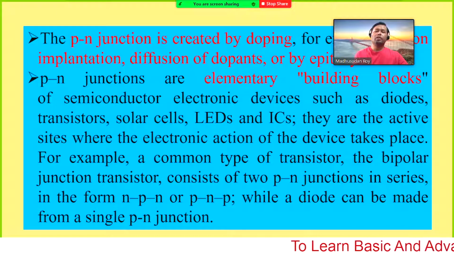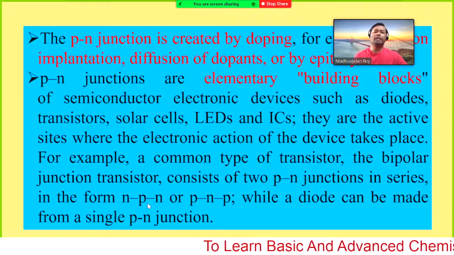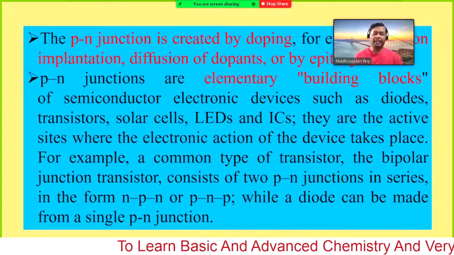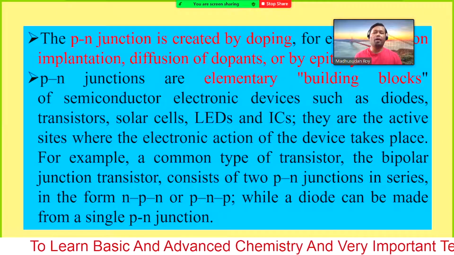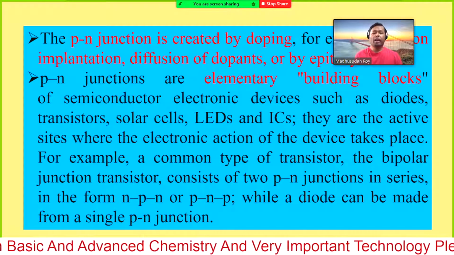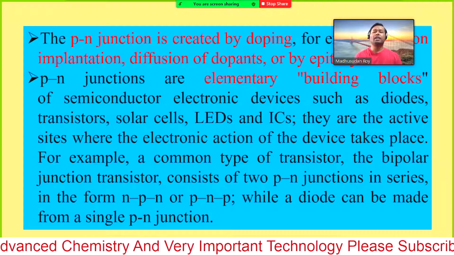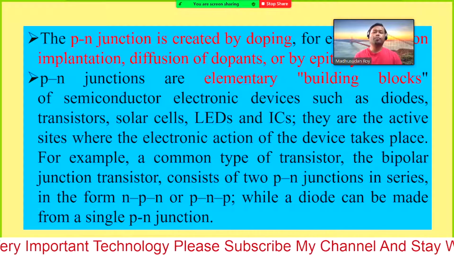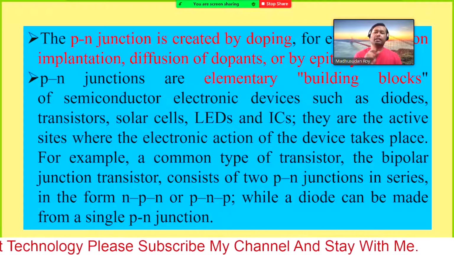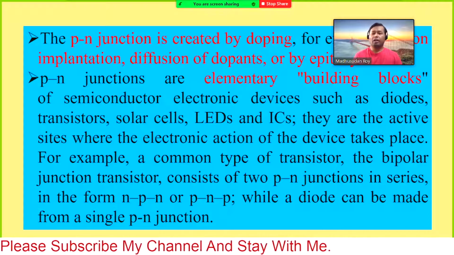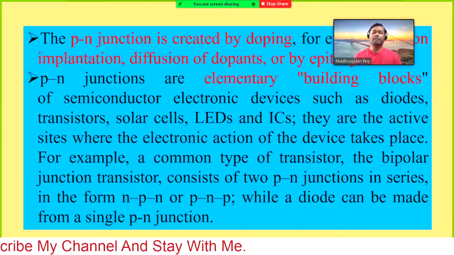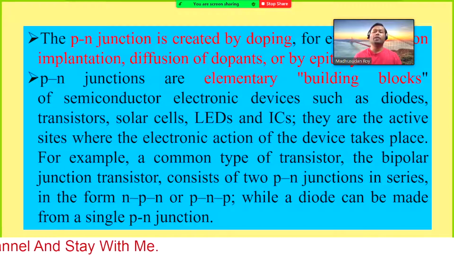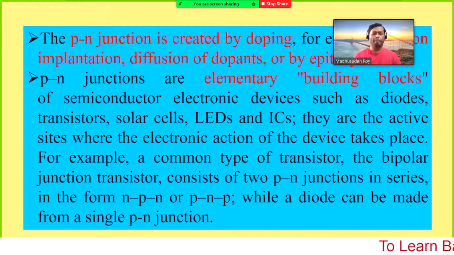These are different types of arrangement that we can use to combine our junctions to make our devices, while a diode can be made from a single PN junction. So you can prepare a diode using only one PN junction, but in the case of a bipolar transistor, you must have two PN junctions in series, like NPN or PNP.